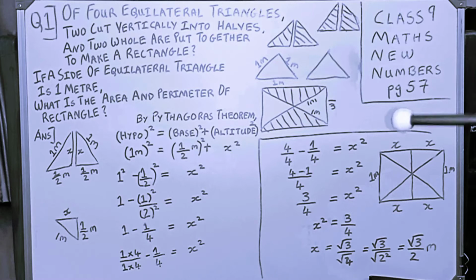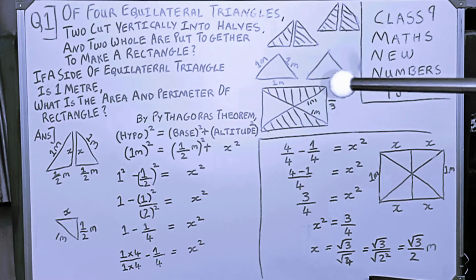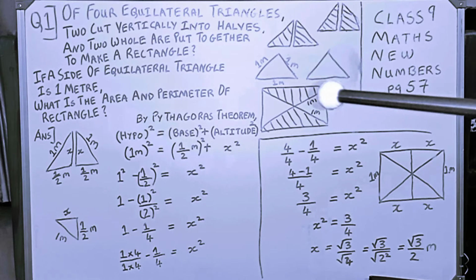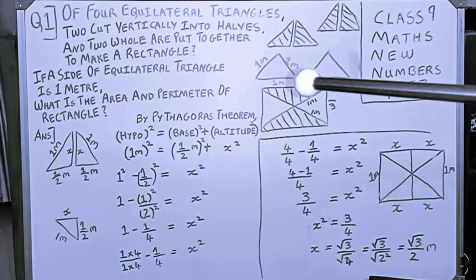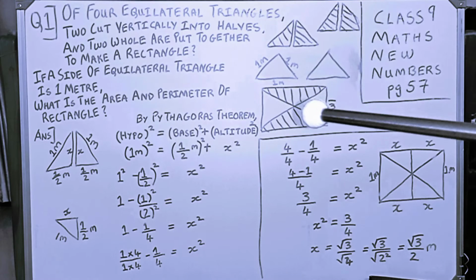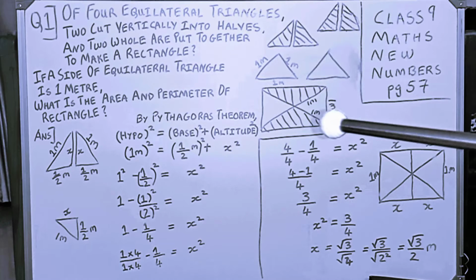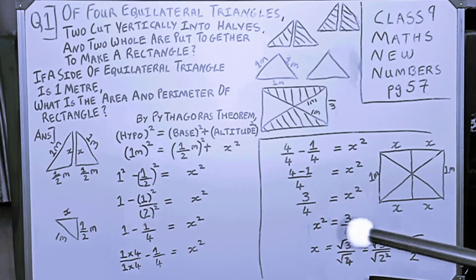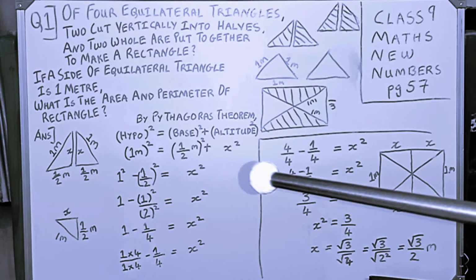The question itself says that four equilateral triangles are there, and the top two are cut into two equal right angle triangles. Since we don't know this x, from here to here, we will find it through Pythagoras theorem.